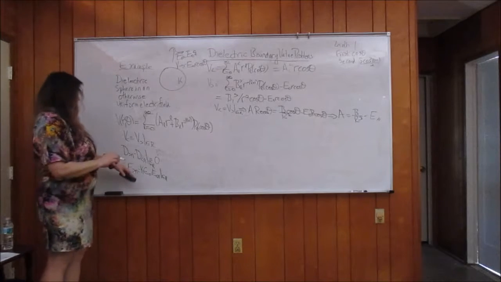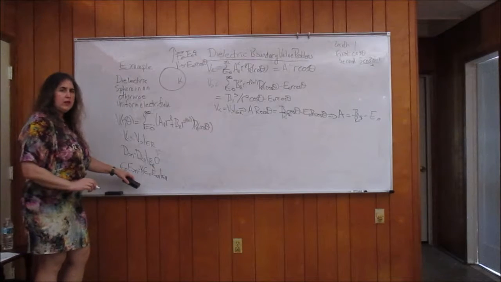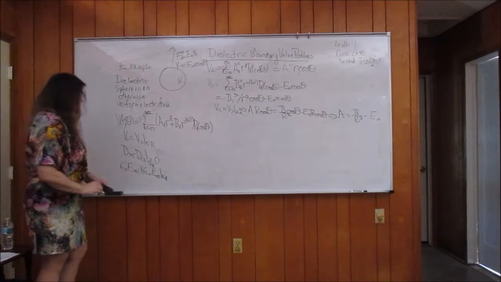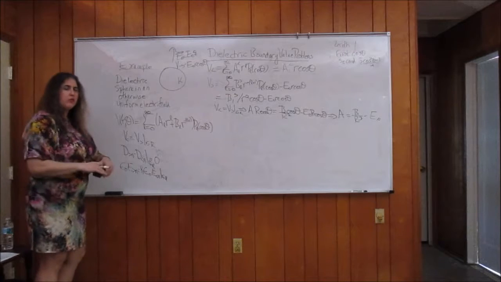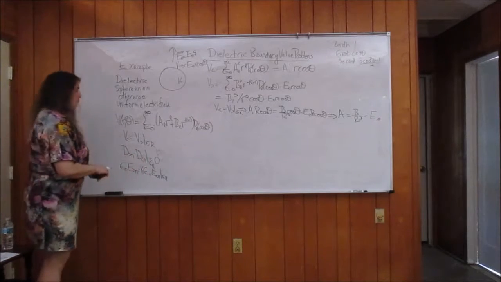Now, if I write this in terms of the potential, this is the partial derivative of the potential with respect to the normal. And remember, electric field is equal to minus the gradient, and we're taking the normal component of minus the gradient.